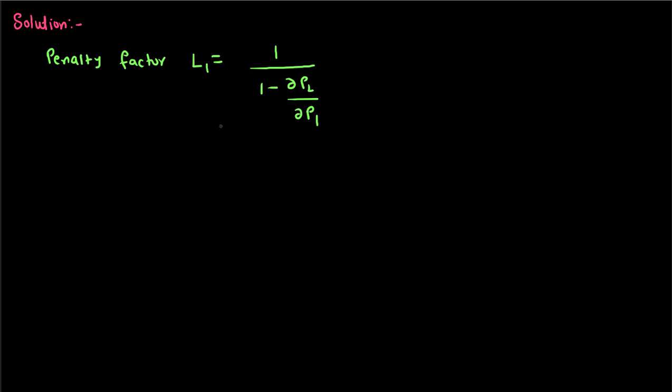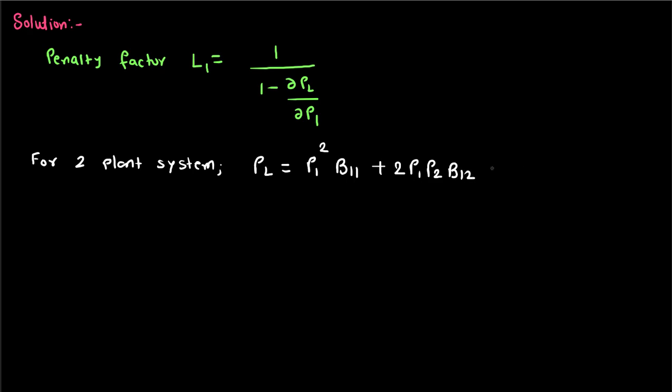Now, what is the power loss for a two plant system in terms of B coefficients? For a two plant system, PL is given by PL equal to P1 square B11 plus 2 P1 P2 B12 plus P2 square B22. This is the formula for transmission loss for a two plant system in terms of B coefficients.